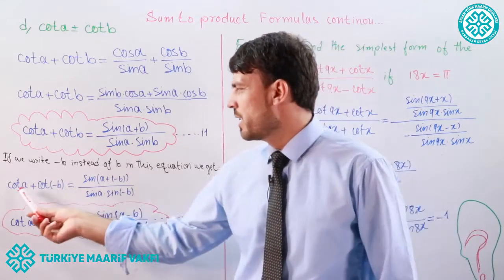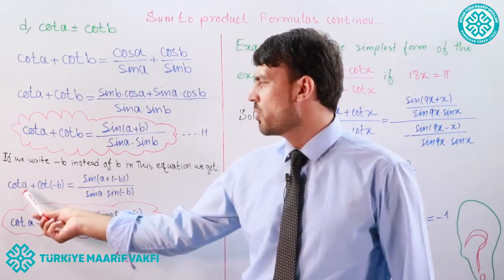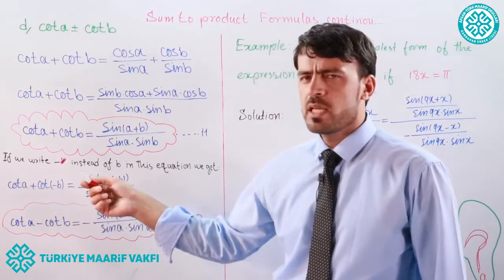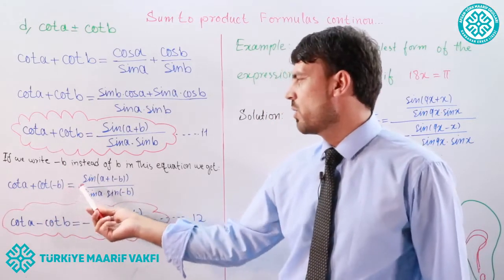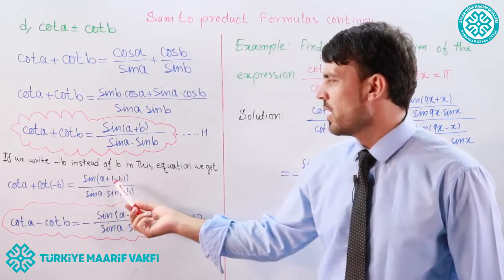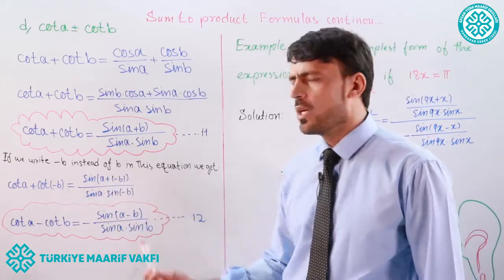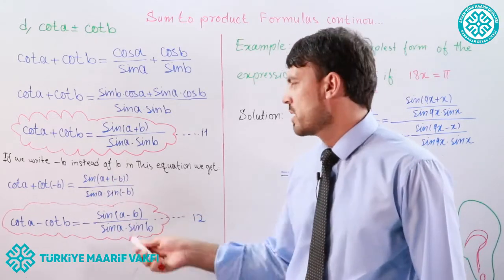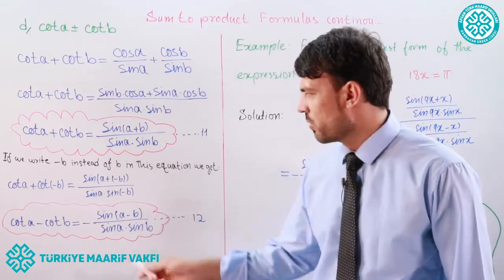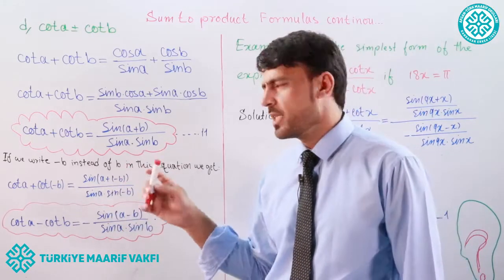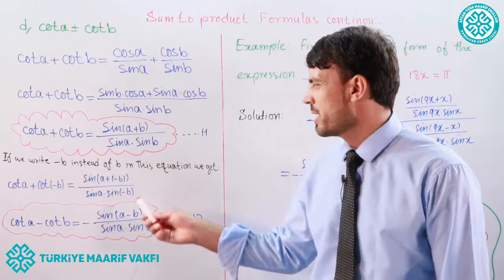If we write minus B here, we will have cotangent A plus cotangent of minus B equal to sine A plus minus B. Everywhere we are seeing B, we are just replacing it with minus B.